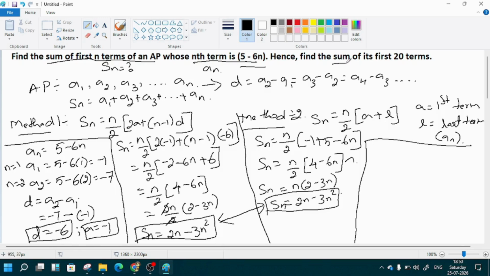Now with this Sn formula we are going to find the last part of our question, that is the sum of the first 20 terms. Sum of first 20 terms means nothing but Sn, where in place of n you just need to substitute 20. So Sn value is 2n, in place of n I am going to substitute 20, minus 3 into 20 the whole square.